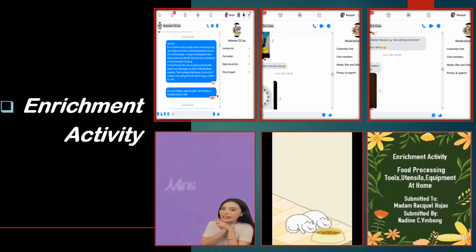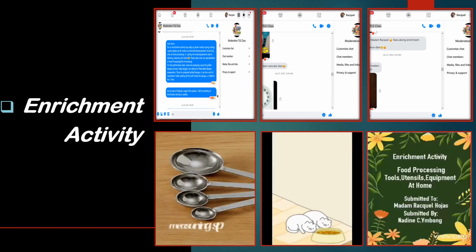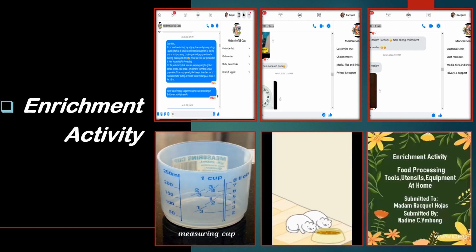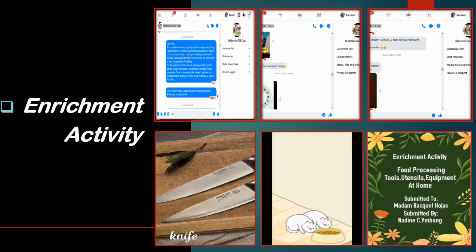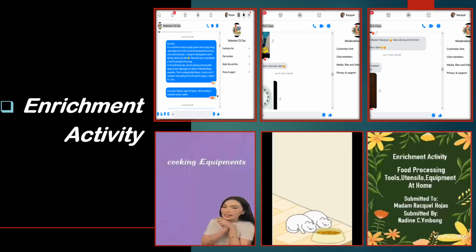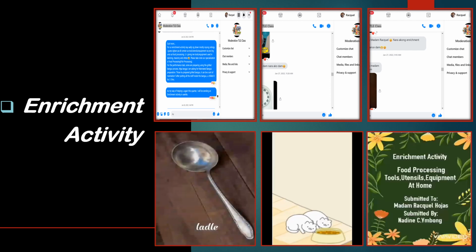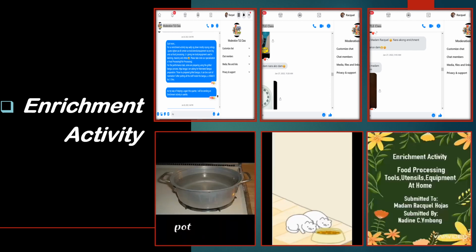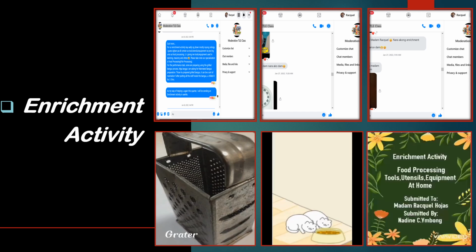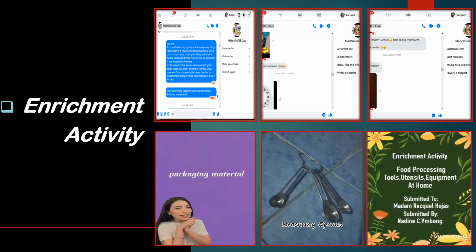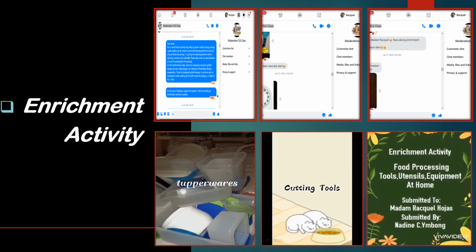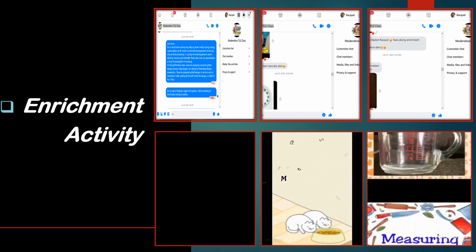After the scheduled retrieval of modules and outputs, I found out that mostly in written task 1.0, which is the reflect and understand part, the students find it hard to identify the utensils, tools, equipment, and packaging materials used in food processing. Most of them listed the tools and equipment used in drafting, tailoring, and so on.